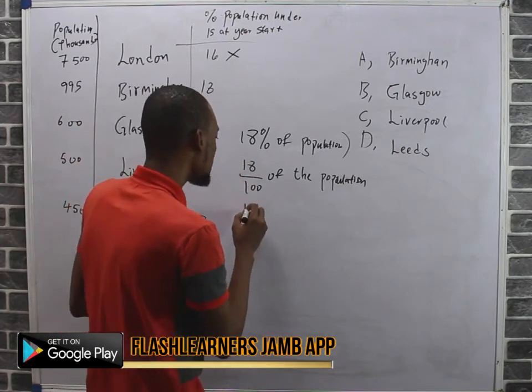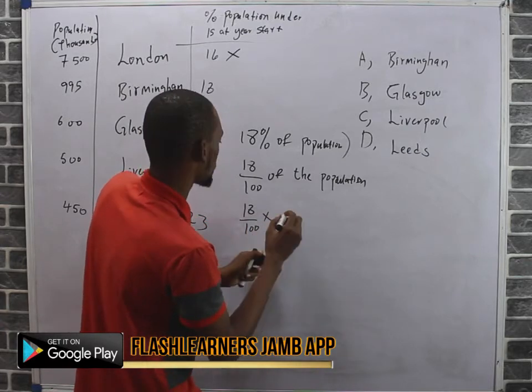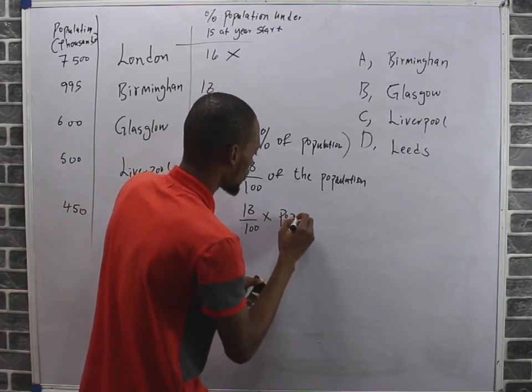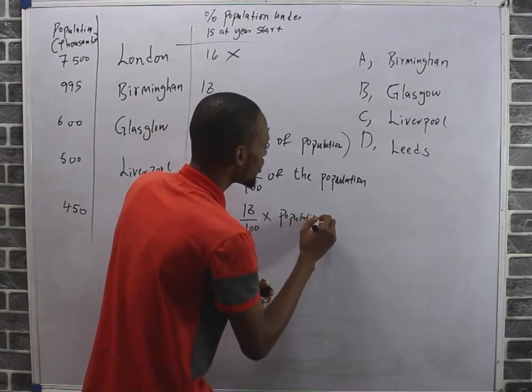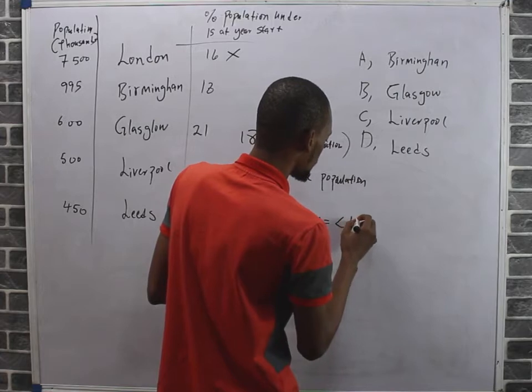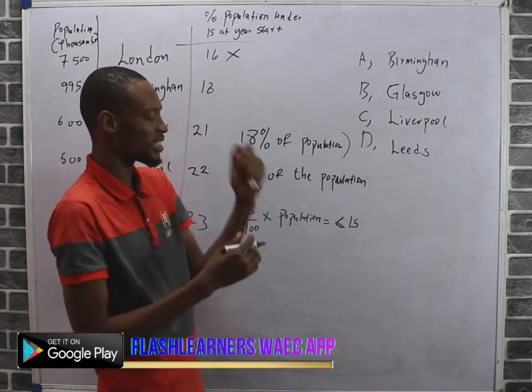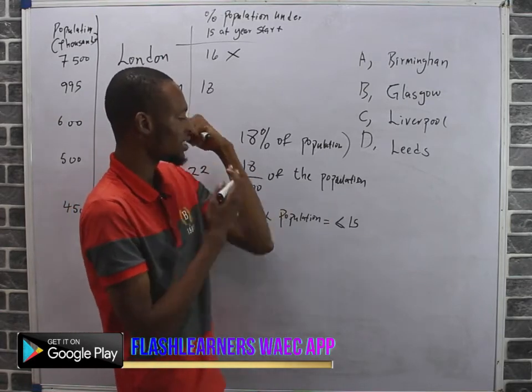This means 18 over 100 times the population equals under 15.